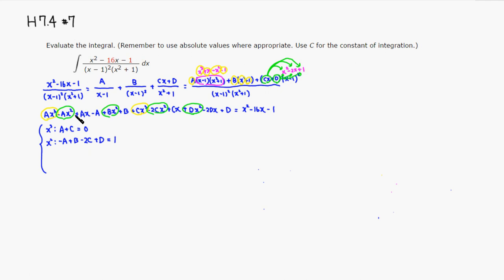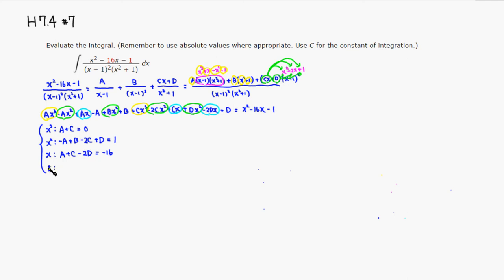Then let's look at the x term. The x term is ax and cx and 2dx. So the x term would be a plus c minus 2d, which is equal to negative 16, the x coefficient on the right.